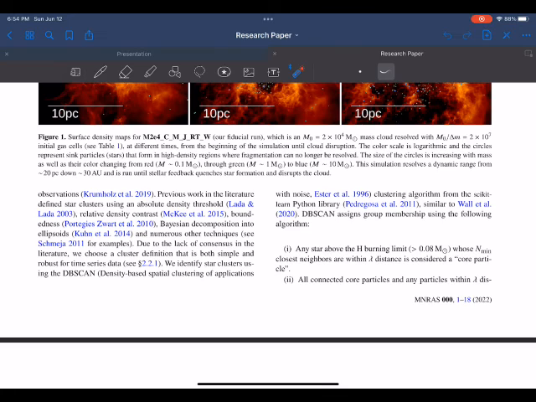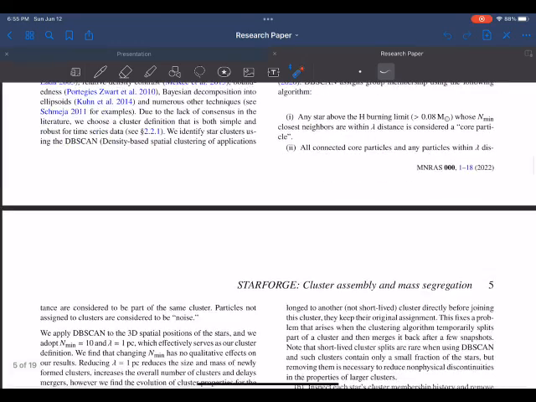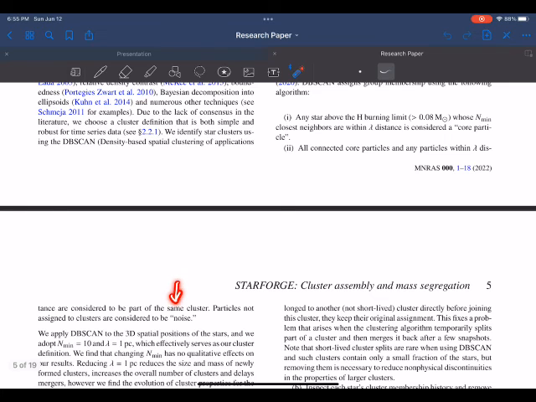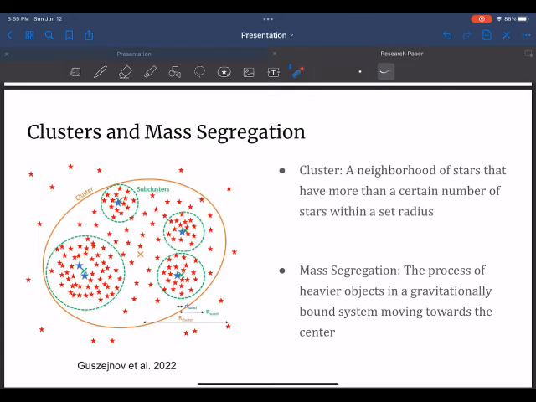they use the definition from DBSCAN. So any star above the hydrogen burning limit, whose certain number of closest neighbors are within a certain distance, is considered a core particle. And these core particles and any particles within this certain distance are considered to be part of the same cluster.